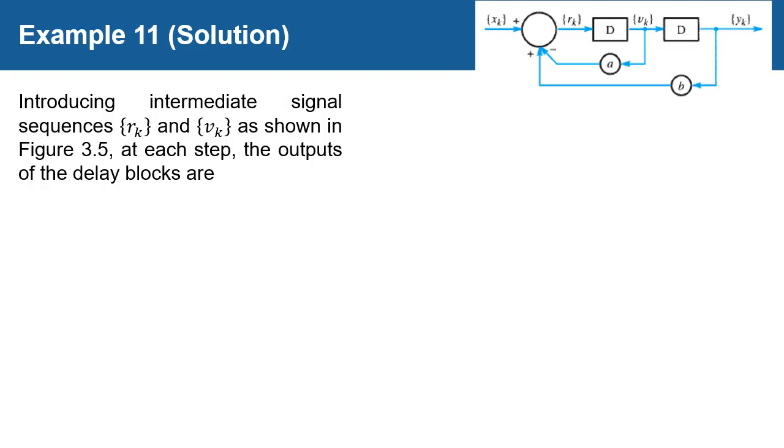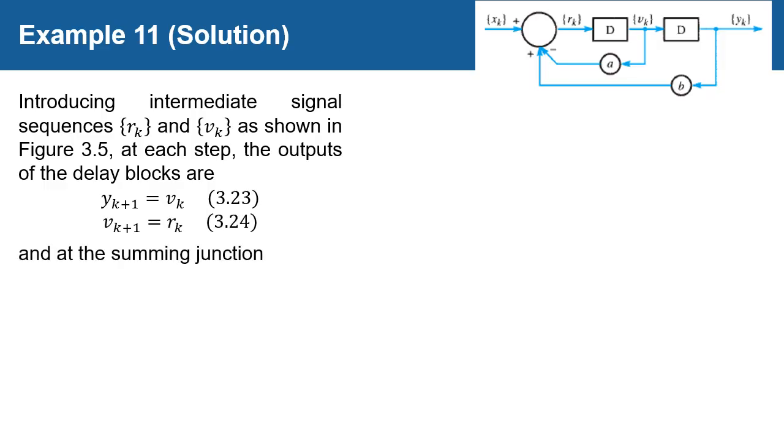At each step, the outputs of the delay block are yk plus 1 is equal to Vk and Vk plus 1 is equal to Rk. And at the summing junction, we now have Rk is equal to xk minus (Avk plus Byk).